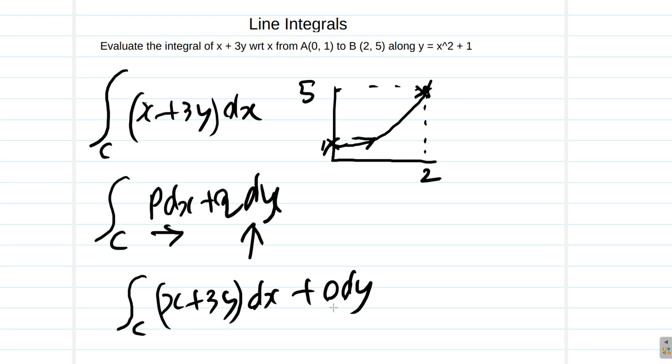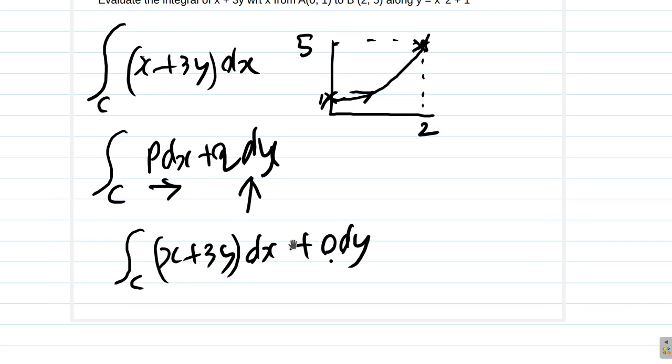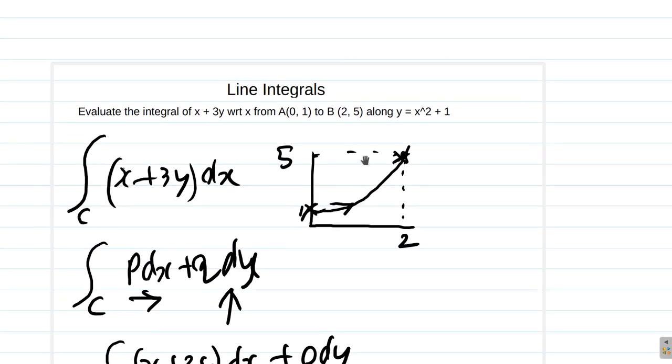Now, you see the fact that there is a y there. You're integrating with respect to x, but there's a y here, and you're supposed to get a number. It's not like you're going to get a number times y. You have to do something about this y. It says y equals x squared plus 1.